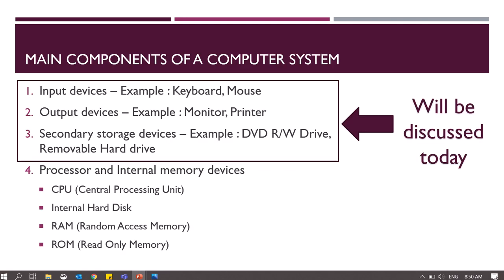I showed you last theory lesson that the main components of a computer system can be divided into four, and last lesson we discussed CPU, hard disk and RAM and ROM. What we are going to discuss today is the first three, which is input device, output device and secondary storage device.